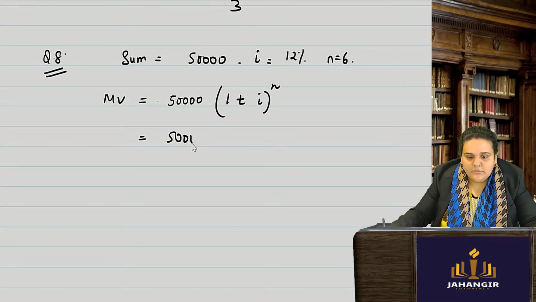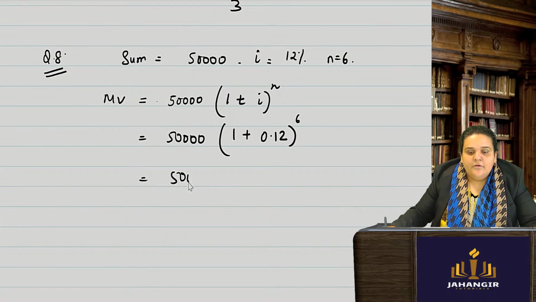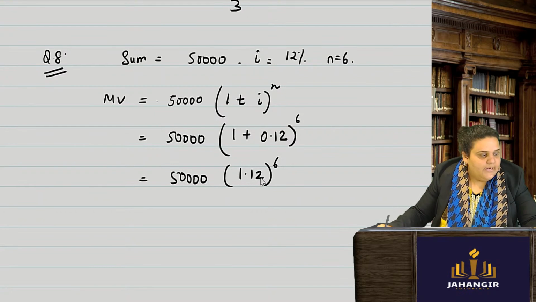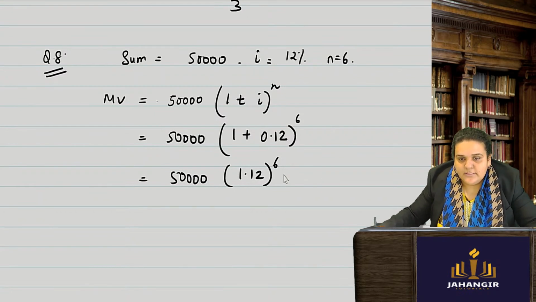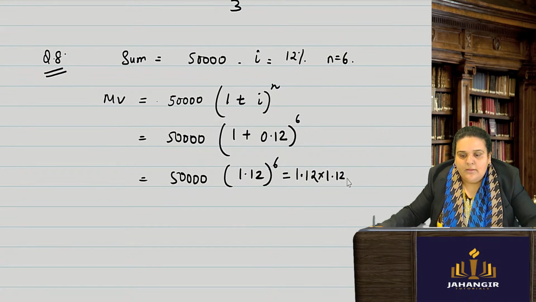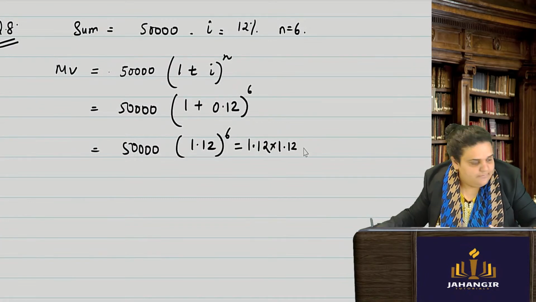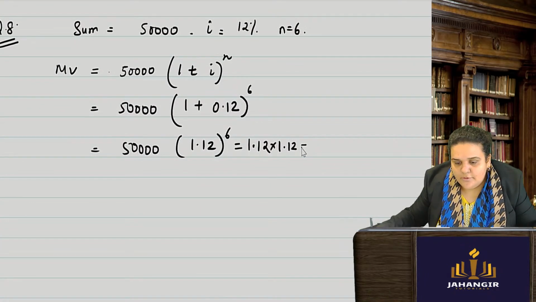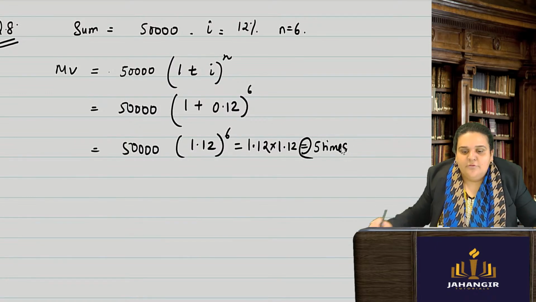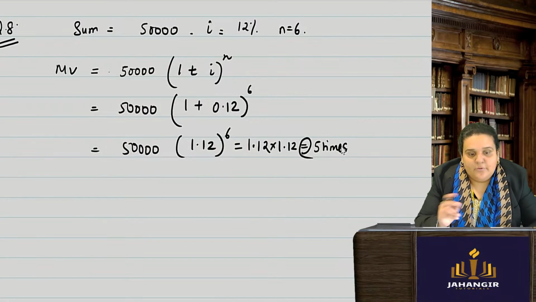So 50,000 into 1 plus 0.12 raised to 6. 50,000 into 1.12 raised to the 6. Okay, that means I have to multiply. So what I will do is, I will do 1.12 into 1.12 and then I will press equal to only 5 times, because it is raised to 6. 1.12 is already gone.